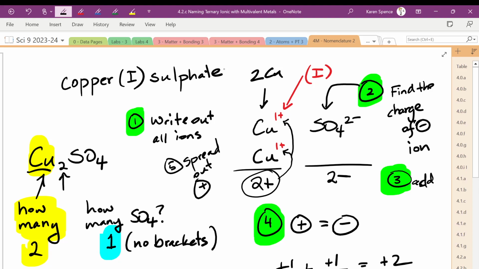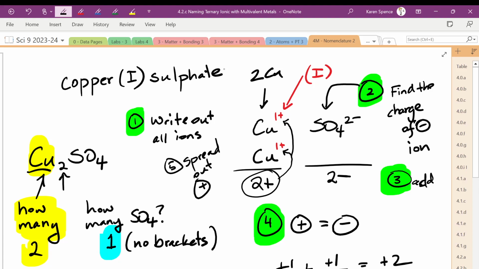Okay, so anytime you have these will all be non-metal plus non-metal. This is for quiz number 2. And when you have non-metal plus non-metal, that's always going to be covalent, which means that you use prefixes.